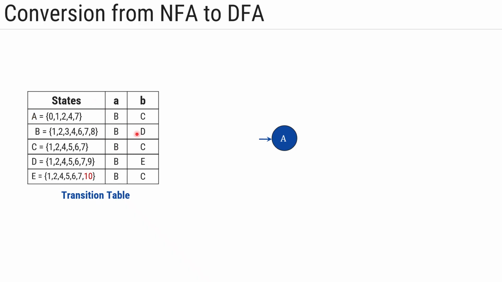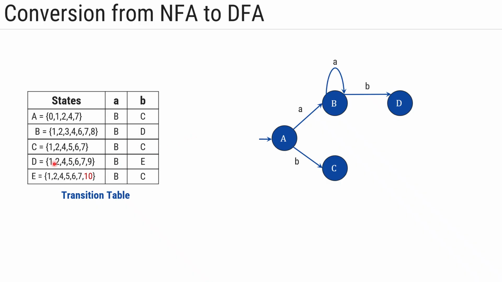So on a, A will go to B, on b, A will go to C. B on a will go to B, B on b will go to D. C on a will go to B, C on b will go to C. Then D on a will go to B, D on b will go to E. E on a will go to B, E on b will go to C.